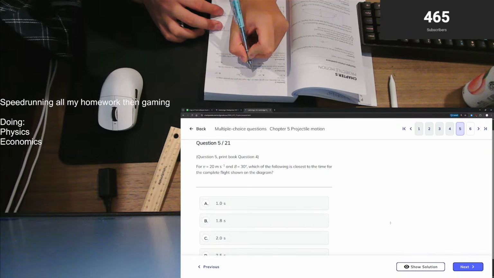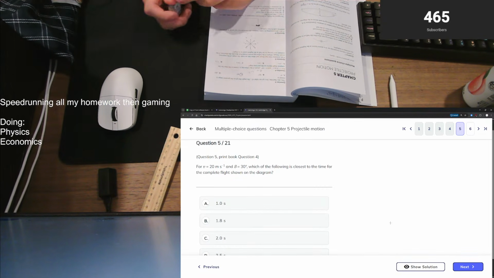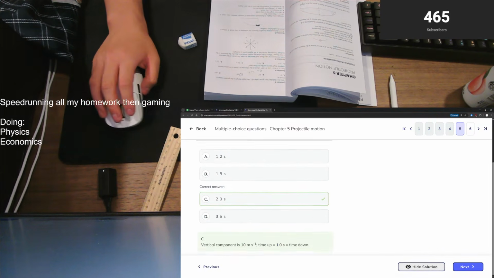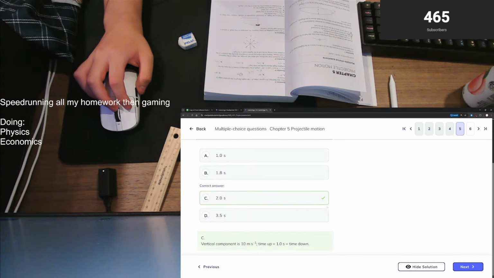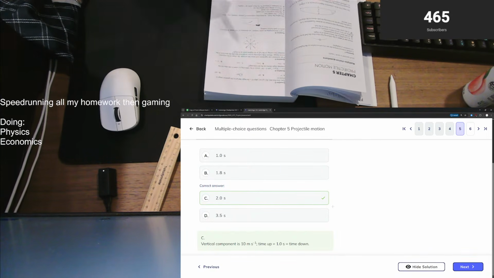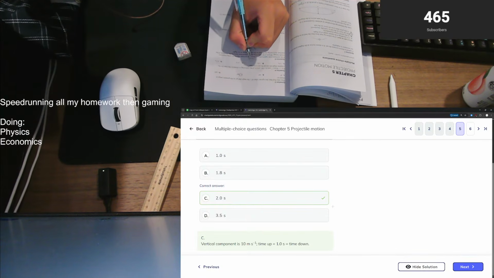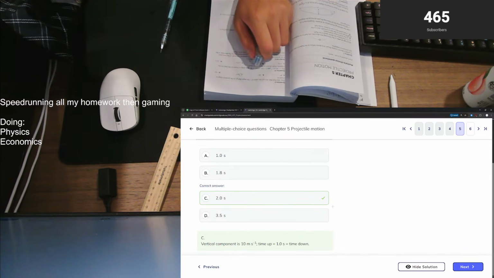R equals 20 squared times... I don't know. 45. B equals 20.